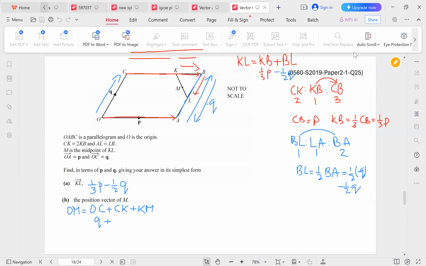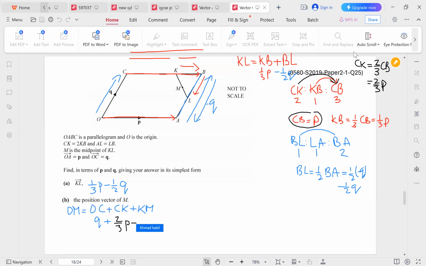So we have CK here. We can link it to CB. You can say that CK equals 2 over 3 CB. And CB equals P. So 2 over 3 times P. Since we already know that CB is equal to P, we can simply write CK as 2 over 3 times P.